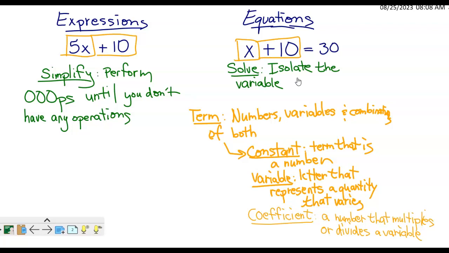And so how do we do that? We use our properties of equality, okay? We add, we subtract, we multiply, and we divide until we have our variable alone and we have a number on the other side.